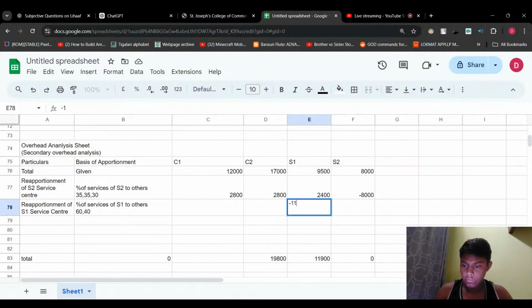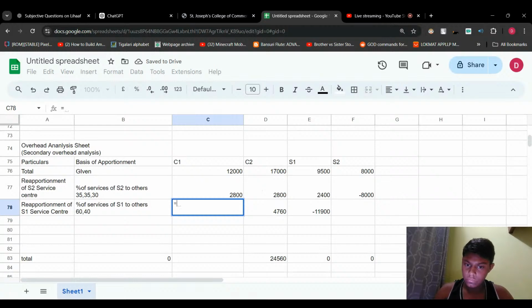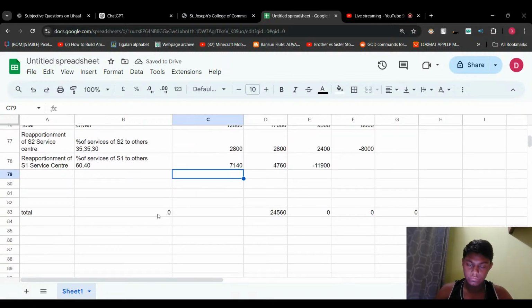Minus 11,900. What you get as the answer is, 11,900 into 40 divided by 100 is 4,760, and 11,900 into 60 divided by 100 is 7,140.